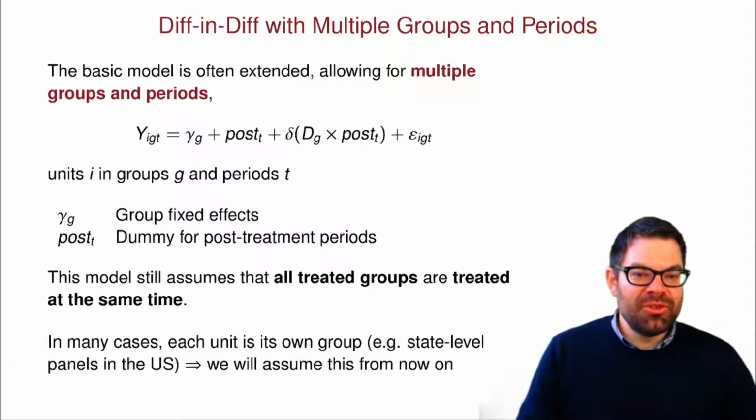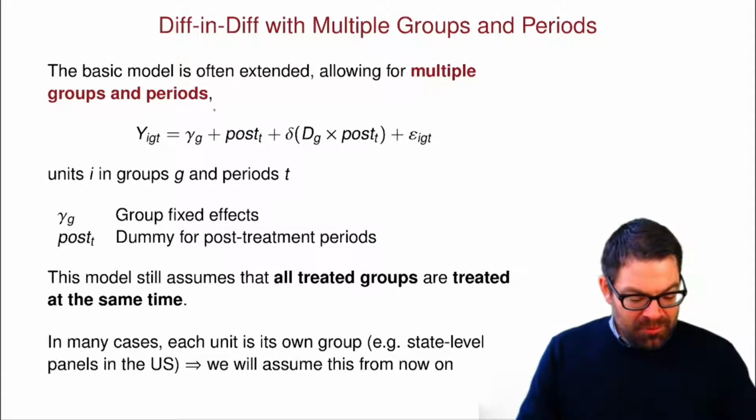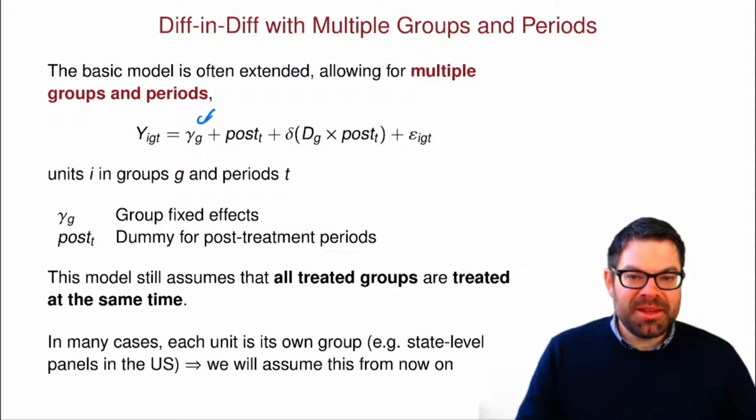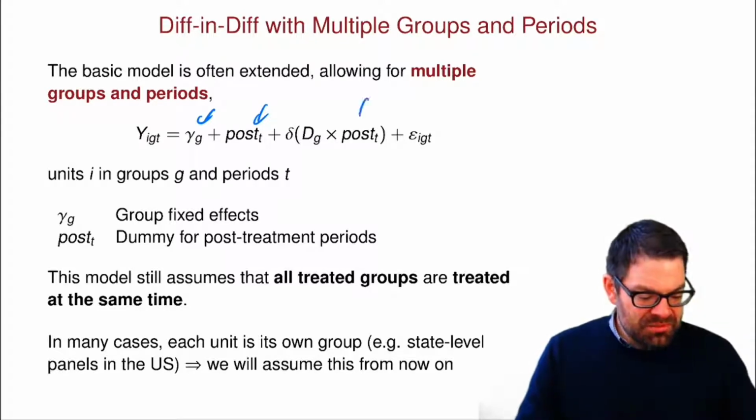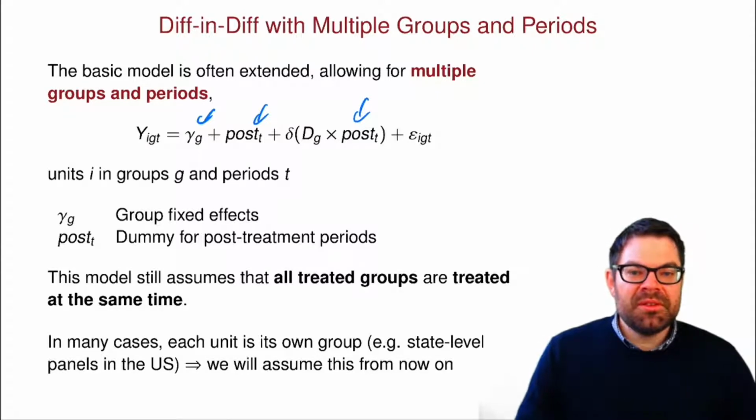So how is this usually done empirically? Well, we have a model where you have group fixed effects, and you have a dummy for whether you are post-treatment, and then you have the interaction between group dummies and whether you are post-treatment.